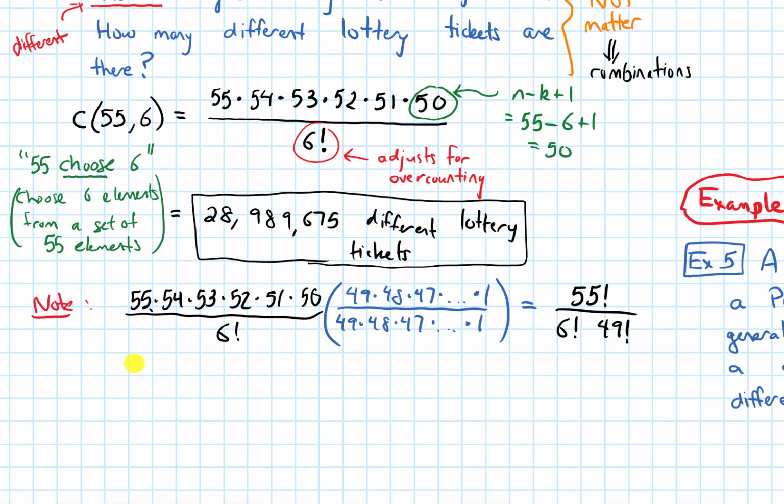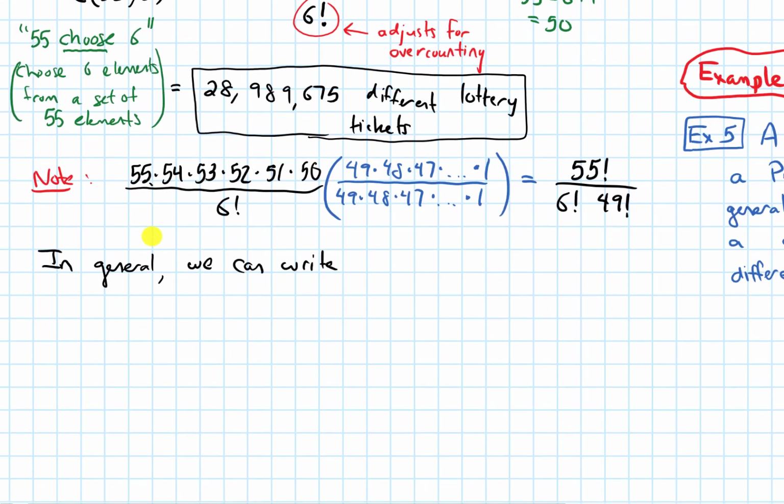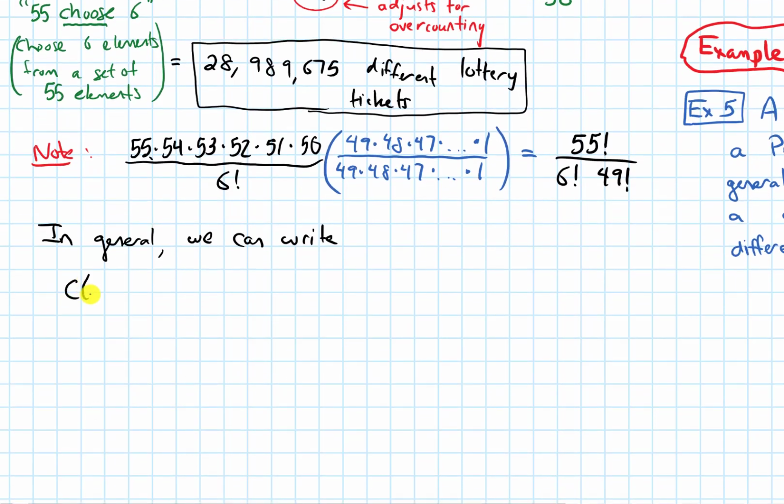Okay, so that's going to lead me to another way that we could write the number of combinations in general. So in general, C of n comma k is the notation for the number of combinations of k elements from a set of n elements. Remember, order doesn't matter in combinations.